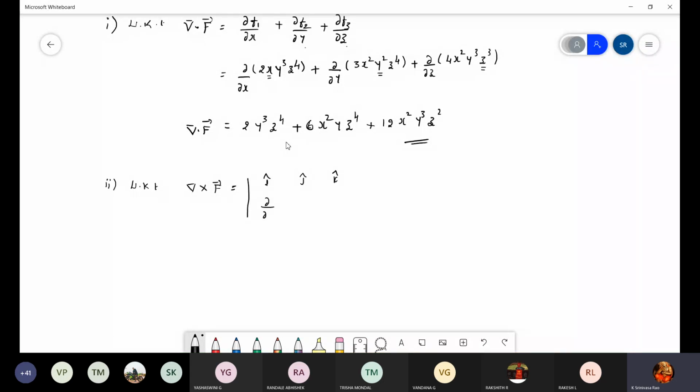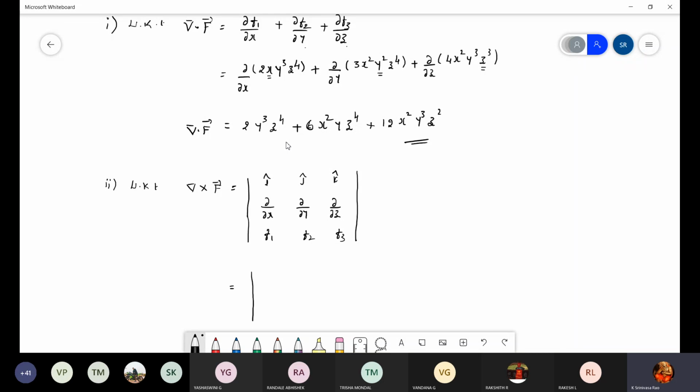Then the component of the first vector is dou by dou x, dou by dou y, dou by dou z, and I will write f1, f2, f3 for this problem. For next problems, you can write directly, substituting what f1, f2, f3 are. So you can avoid this step.